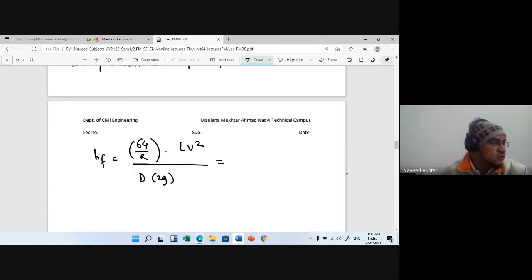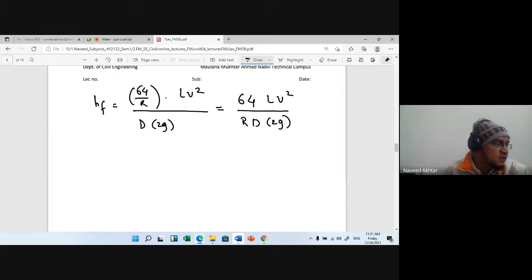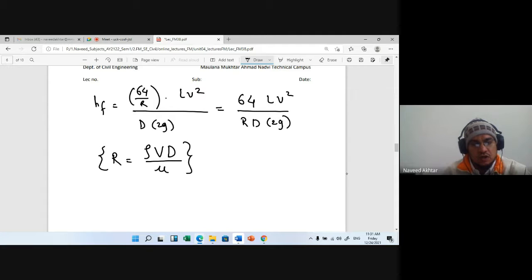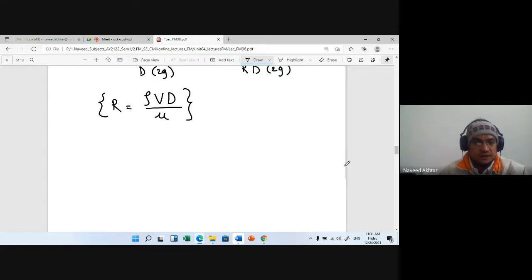So it is 64 LV square divided by RD into 2G. So it depends on the Reynolds number. And you know the Reynolds number R is nothing but rho Vd upon mu. Rho is the density, V is the velocity, D is the diameter, mu is the dynamic viscosity of your fluid.